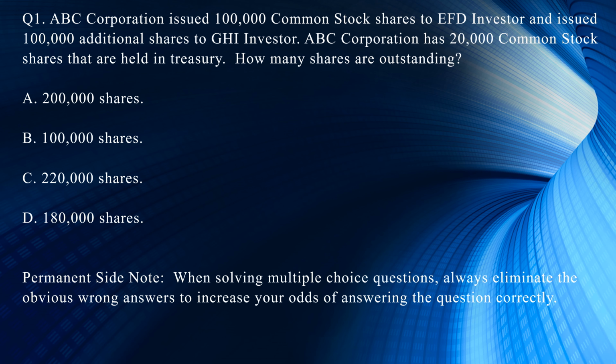So in order to determine the shares outstanding, we have to add all of the shares that were issued to shareholders. In this case, it's the 100,000 plus the 100,000, which is 200,000 shares.